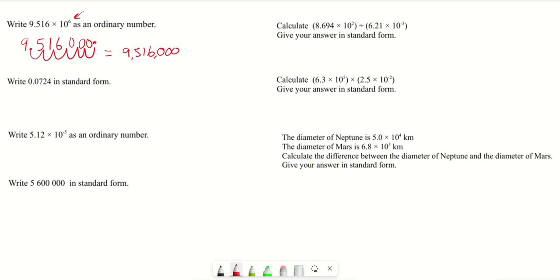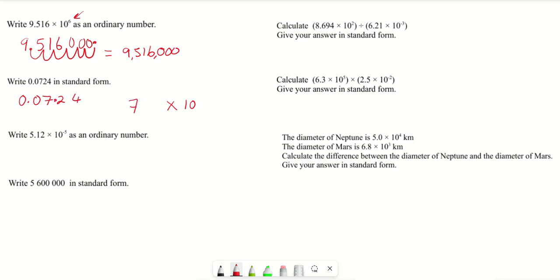We can also do the same here. So we're going to put this in standard form. So it's going to be times 10 to the power of something. Now we need a number in front of times 10 between 1 and 10. So we write our number out. Now where would we put a decimal place in this number to give us a number between 1 and 10? Well, we'd put it between the 7 and the 2.